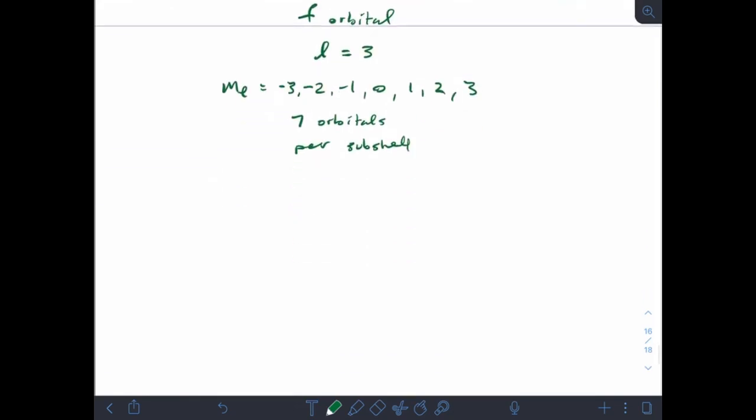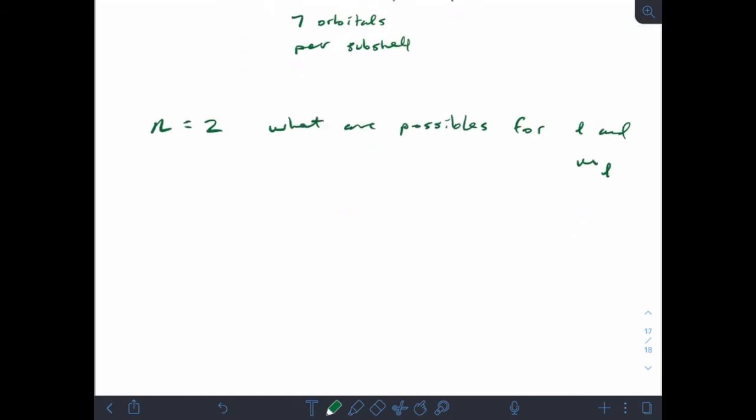Okay, so for example, if I had an n value of 2, what are the possible values for L and m sub L? Okay, so n equals 2, then I can say L could be 0 or 1, as long as n minus 1 is the maximum value that L can be.